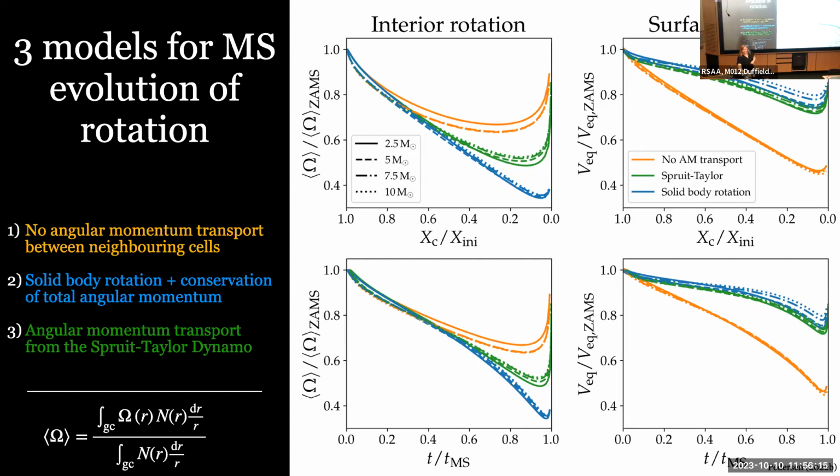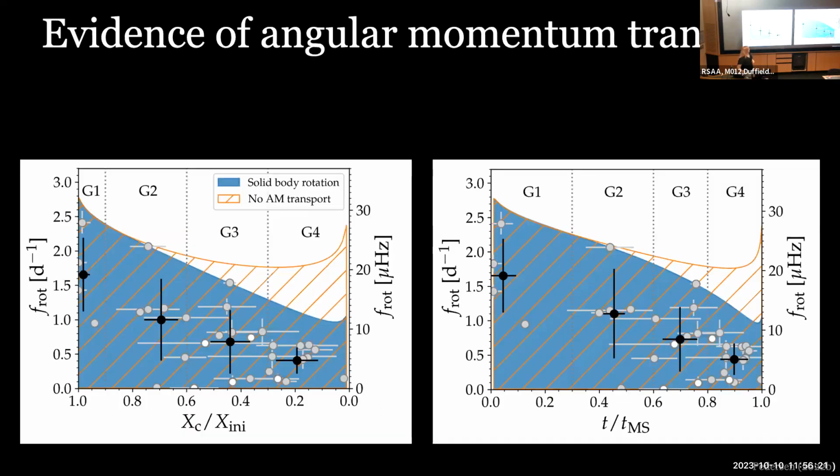Not really, no. What we would like to be able to do, as you might see here, we only have very few stars at the early main sequence. So the ideal case would be to expand the sample to have some younger stars and get better constraints on what the initial rotation is, because that will give you more information on where in this diagram we expect the models to be.